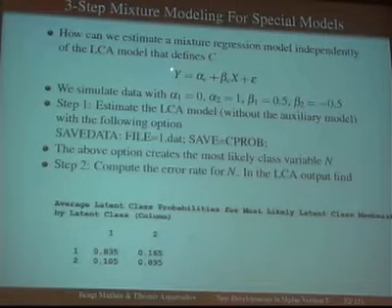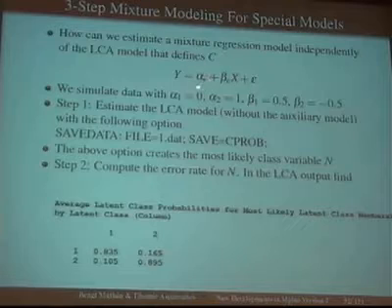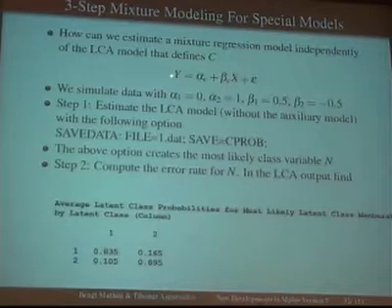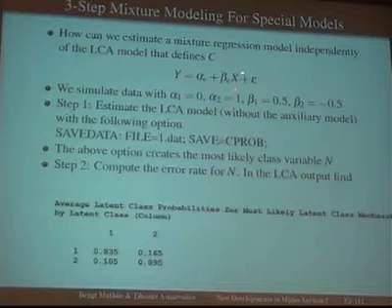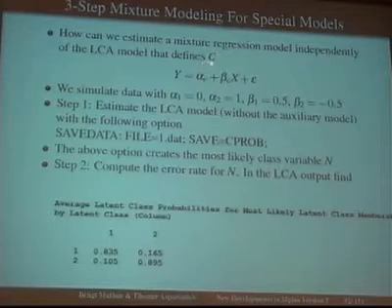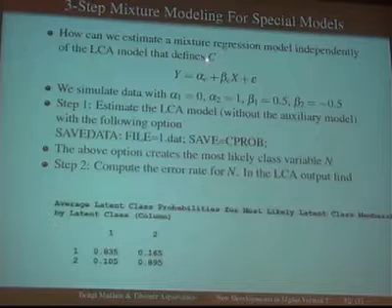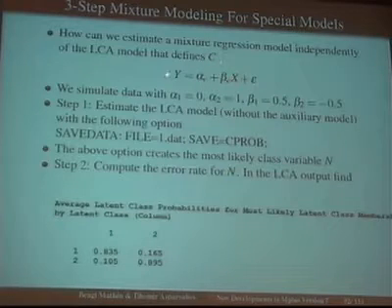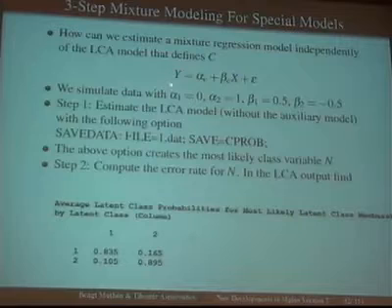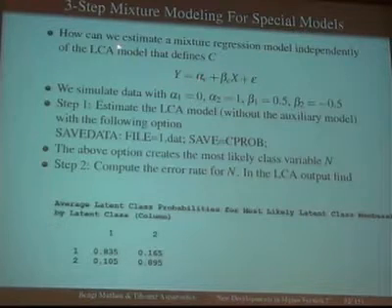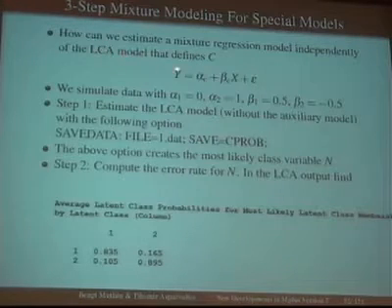And we want to estimate a simple linear regression model, Y regressed on X, where both the intercept and the slope vary across the classes of the C variable. I'm going to show you how you can estimate that model independently of the measurement part of C, independently of the LCA model.